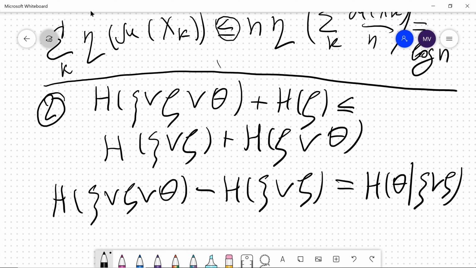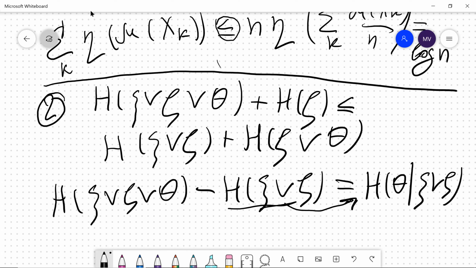So this is a property of conditional expectation that we have discussed. To see that this is the same property, we should put this part to that part of the inequality, and the new sum will be equal to h of the union of xi, zeta, and theta, and this is exactly the property that we have discussed for conditional expectation.